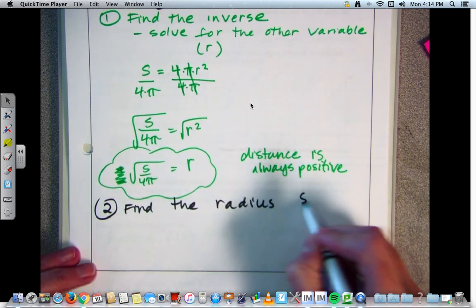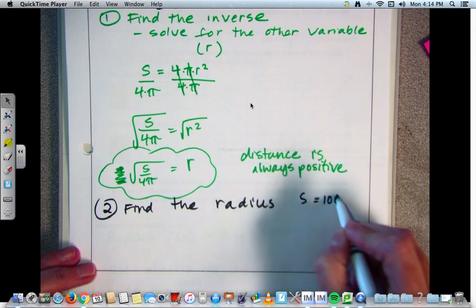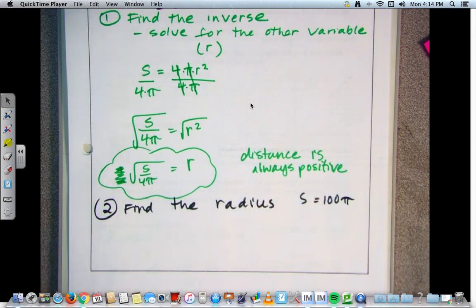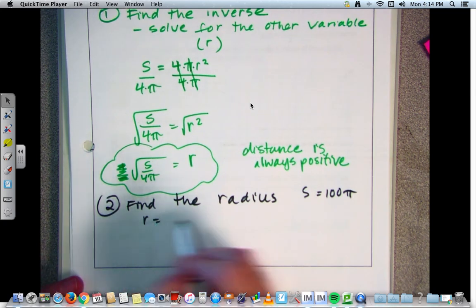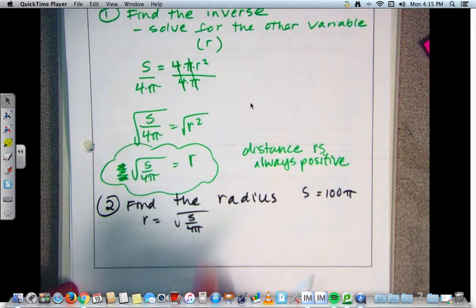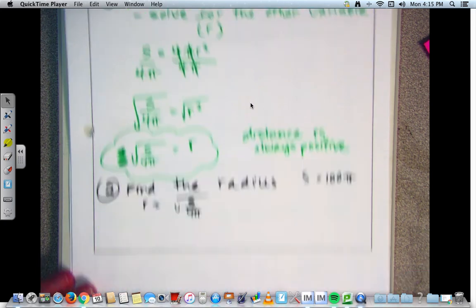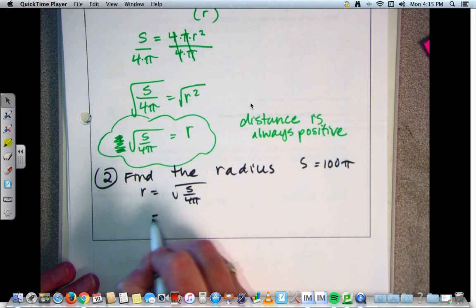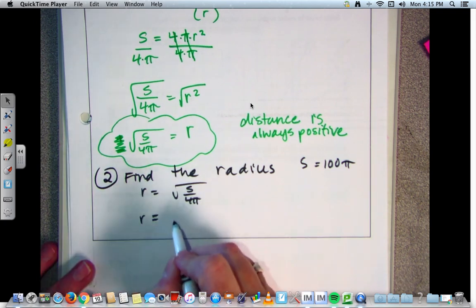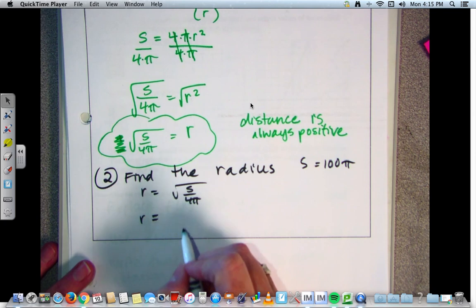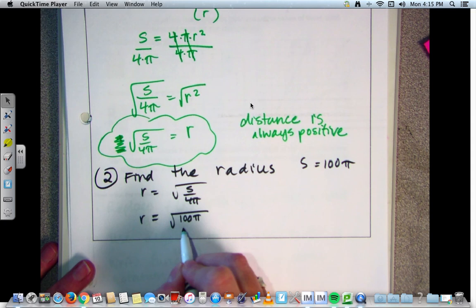So S equals 100 pi at this point. We're using the equation r equals the square root of S over 4 pi. We substitute our S with 100 pi. So our radius is equal to the square root of 100 pi, substituted in for S, divided by 4 pi.